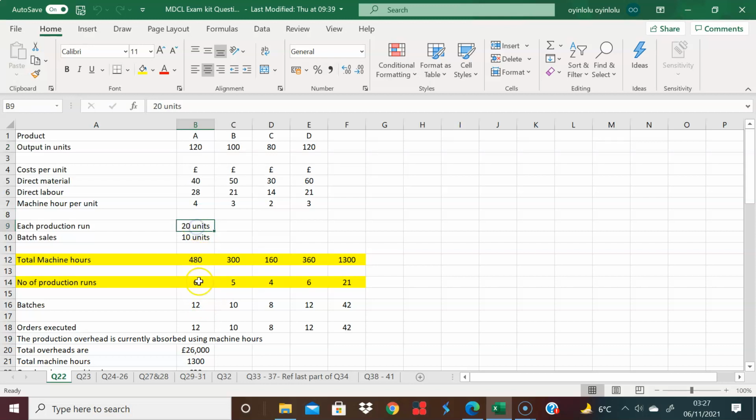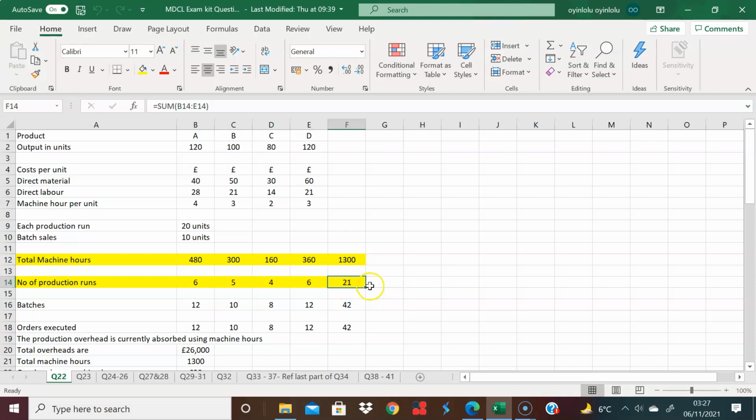So 20 times 6, of course, is 120. And I'm doing the same thing with 100 divided by 20, 80 divided by 20, and 120 divided by 20. So in effect, I have the number of production runs, and that's my total number of production runs.